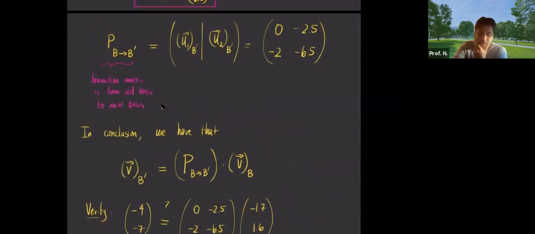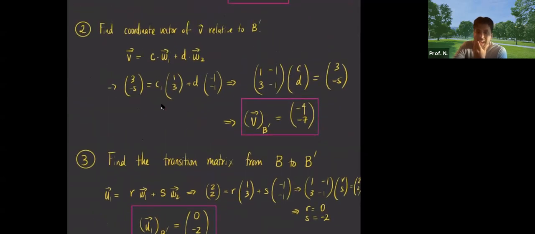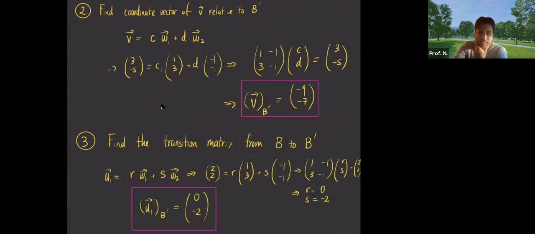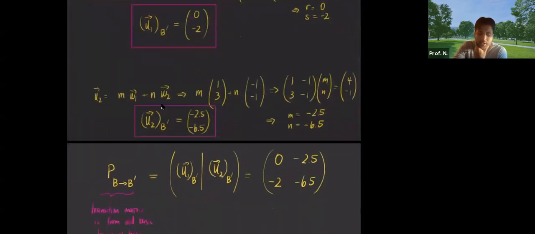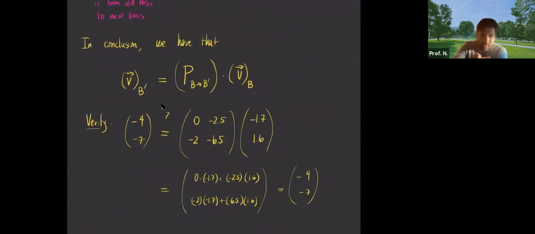Because now I can, in a sense, disregard step 2. I don't have to do step 2 ever again, as long as I have the transition matrix from the old basis to the new basis. I can always apply that matrix to any vector relative to the old basis, and I get the coordinates relative to the new basis.